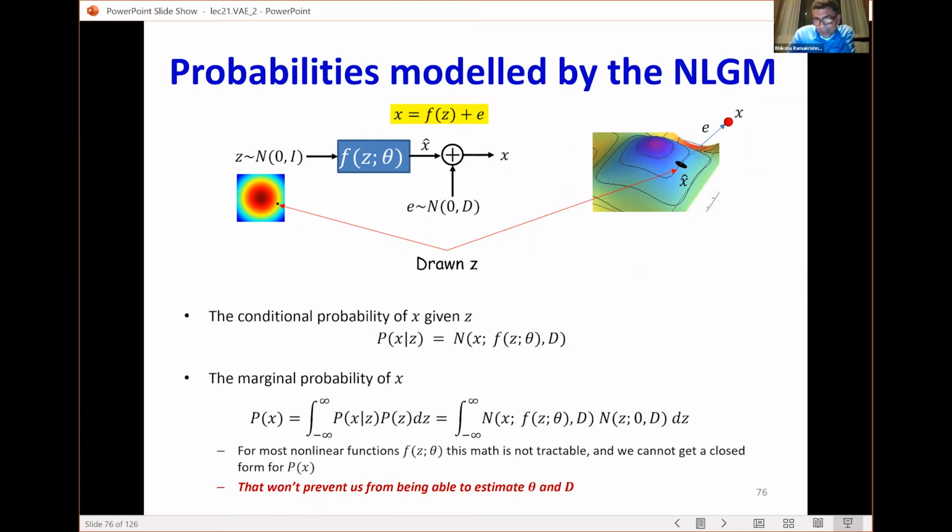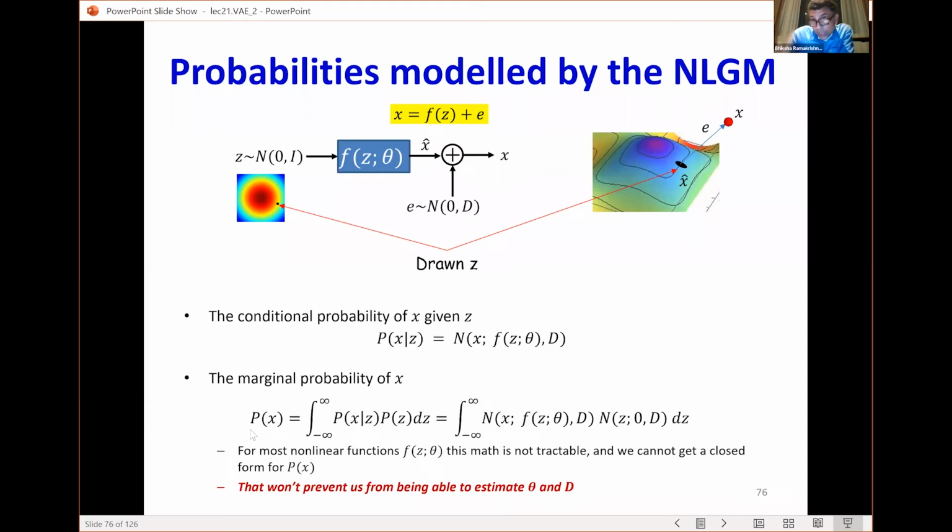And what is the probability of p of x? It's going to be the integral of p of x given z times p of z, where you're integrating z out, which is going to be the product of a Gaussian with f of z as the mean and a Gaussian over z. But then here, because you have this ugly f of z as the mean of this Gaussian, this is not tractable.